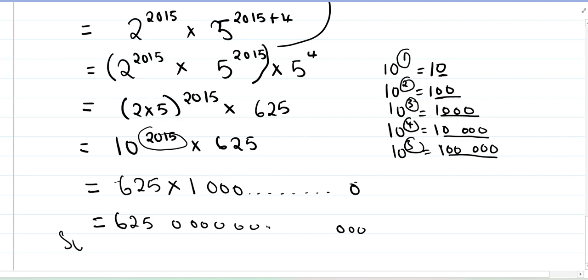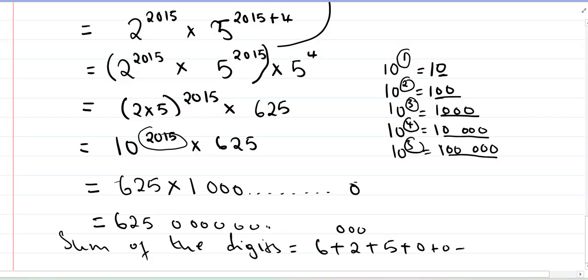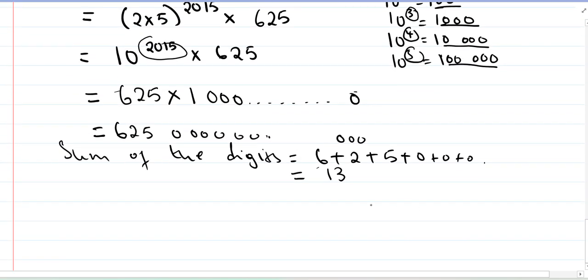So when I calculate the sum of the digits, it will be 6 plus 2 plus 5 plus all of those zeros, but you know that if you keep on adding zeros, you get nothing. 6 plus 2 is 8. 8 plus 5 is 13. So the sum of the digits will be 13.